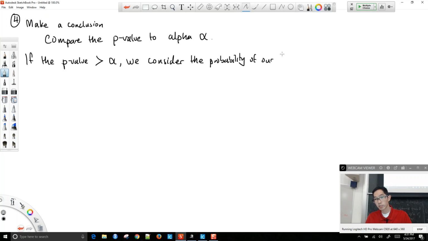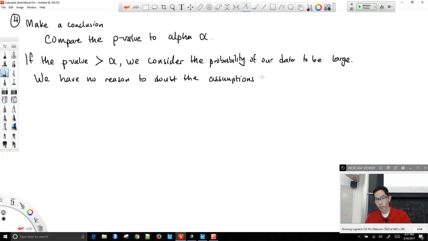It's bigger than alpha, so we're going to say it is large. So that means we have no reason to doubt the assumptions we made to create our expectation, that being the null hypothesis.